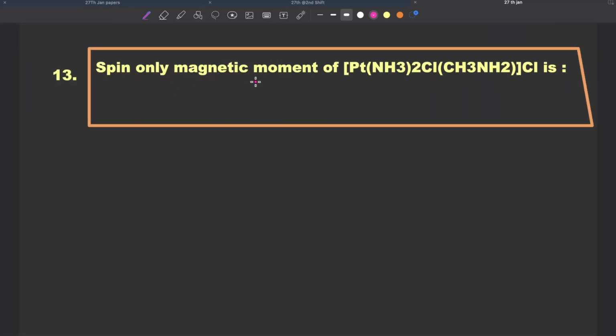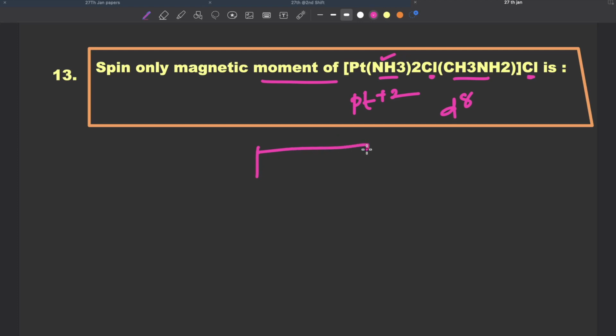Next one, the spin only magnetic moment of platinum NH3 CH3NH2 Cl, how much is it? Right. So, platinum, 2 chlorines are present, that means the other 2 are neutral ligands. So, it is in the +2 oxidation state. In the +2 oxidation state it has d8 configuration, and the ligand is a strong field ligand.